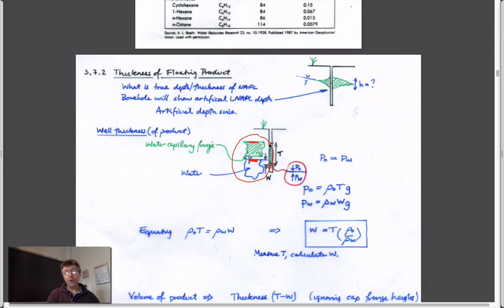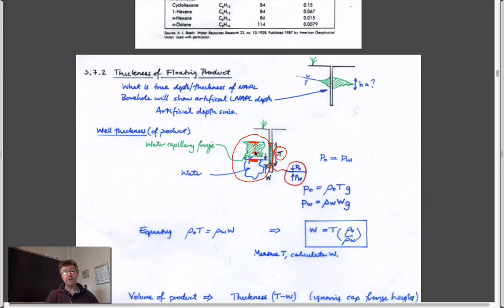But if we put a borehole through here, no longer do we have this capillary exclusion behavior, and we can do this little force balance that we did to be able to identify the fact that the thickness of product that you measure within the borehole is not the same as the thickness of product which exists within the aquifer. The amount in the aquifer is always less.